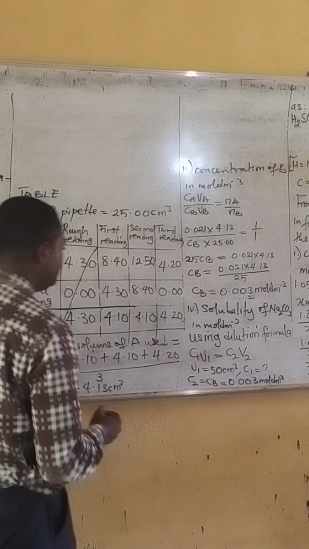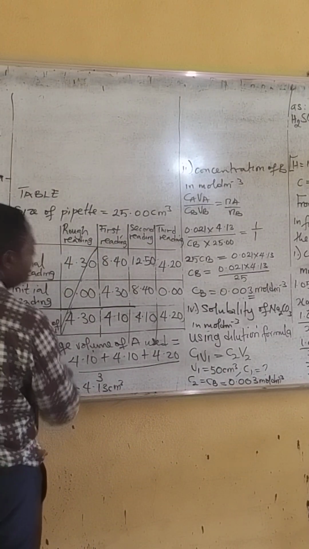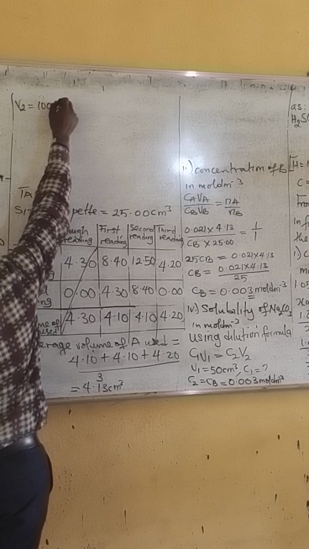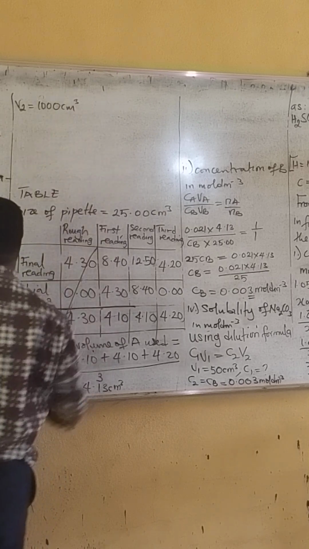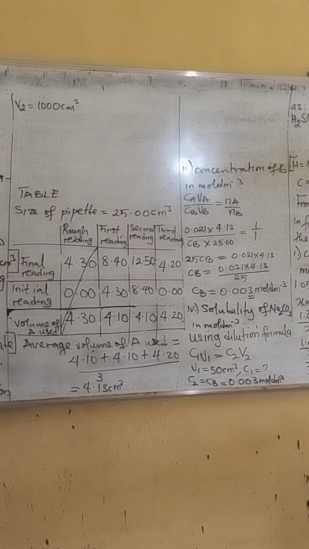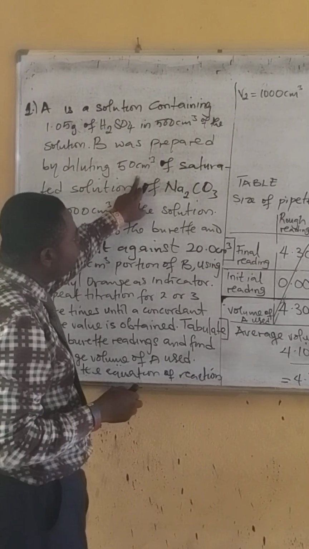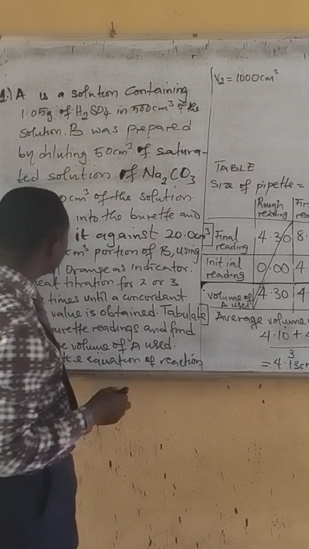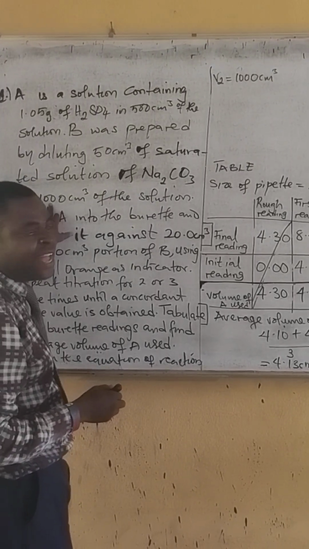Then the last thing to look at here is V2. Our V2 is 1000 cm cube. That's final volume. They said B was prepared by diluting 50 cm cube initial volume of saturated solution of Na2CO3 in 1000 cm cube. So this is the final volume.